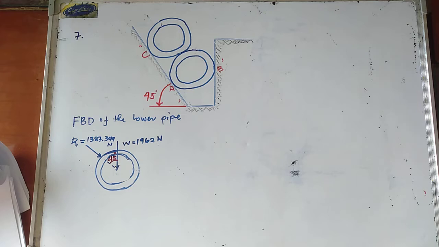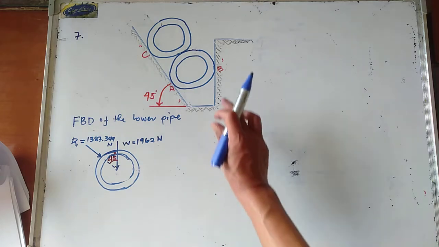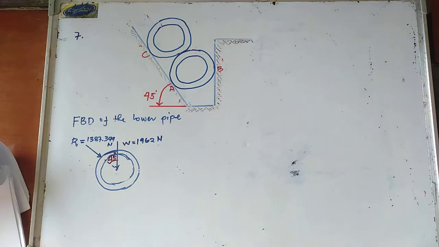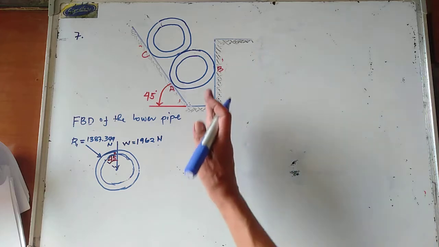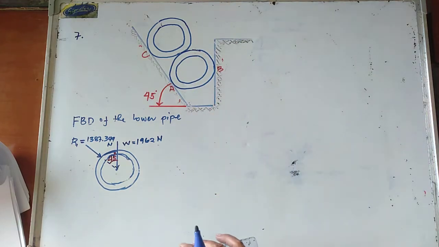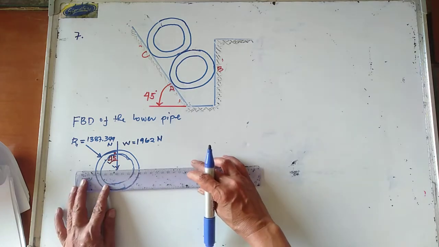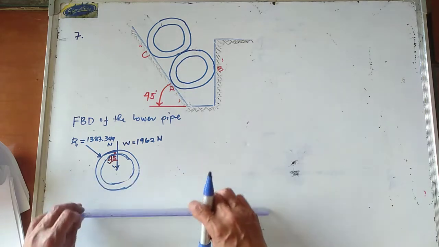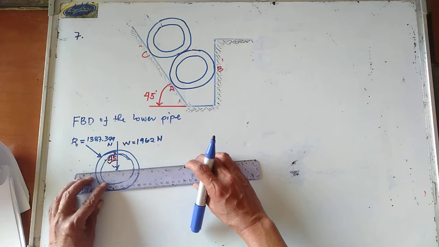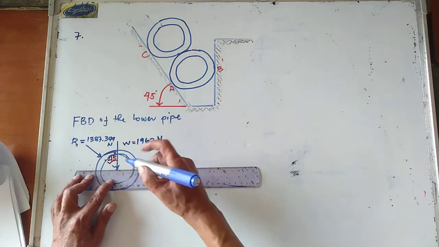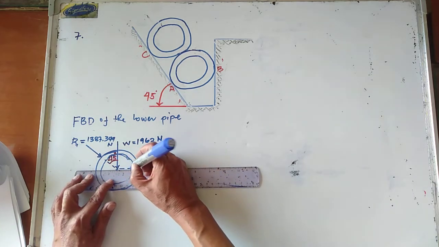And the reaction at contact point B, which is normal to the smooth surface. So the smooth surface in here is vertical, hence this one in here is horizontal. So that is normal to the smooth surface.